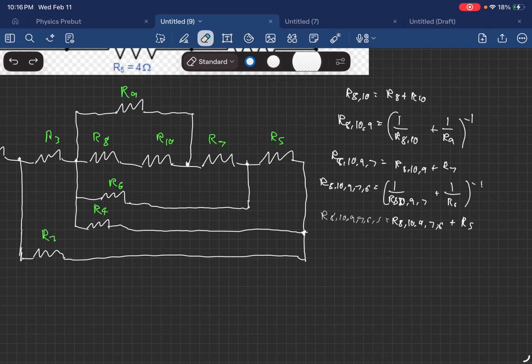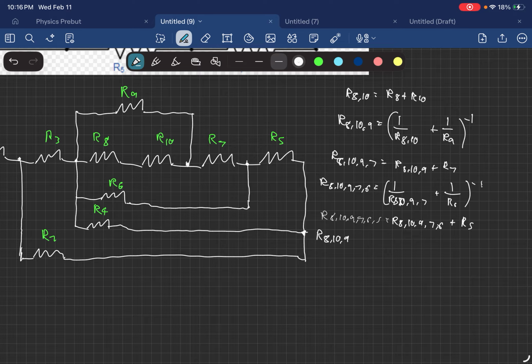Let's do this again. R8,10,9,7,6,5,4 equals, yeah, it gets kind of tiring, R8,10,9,7,6,5 plus 1 over R4, raised to negative 1.